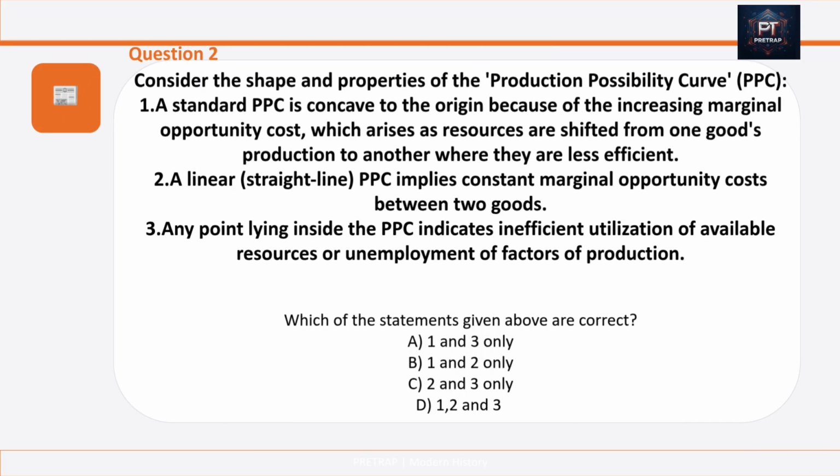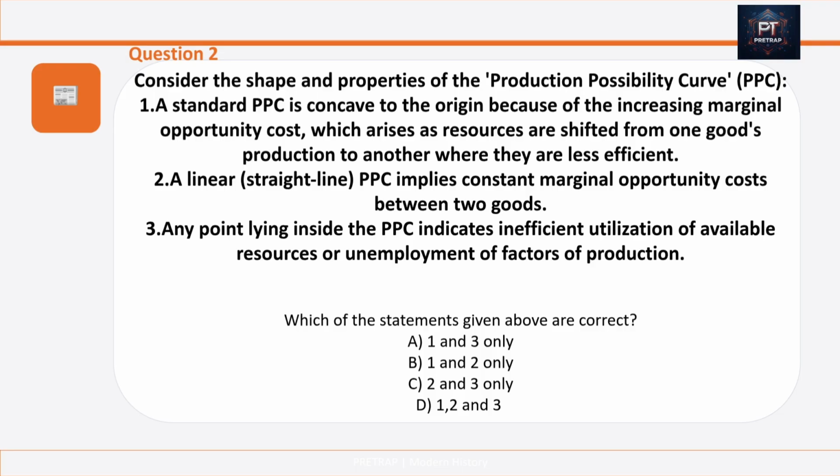Question number 2 is consider the shape and properties of the production possibility curve. Number 1. A standard PPC is concave to the origin because of the increasing marginal opportunity cost which arises as resources are shifted from one good's production to another where they are less efficient.